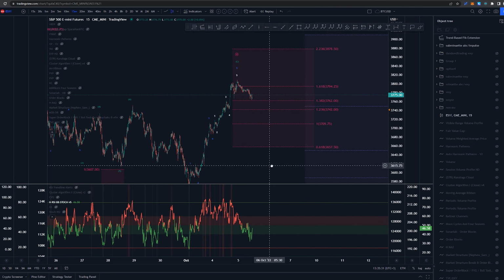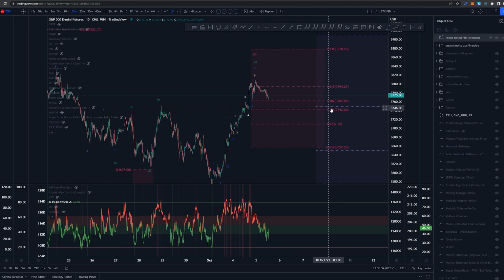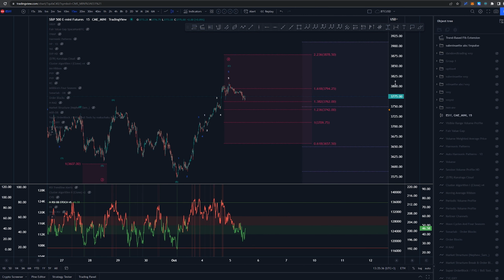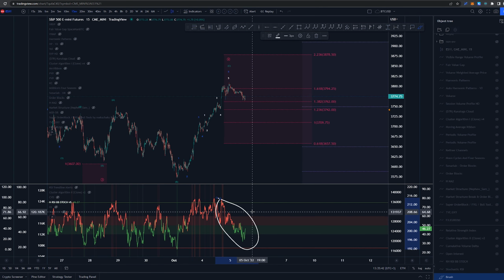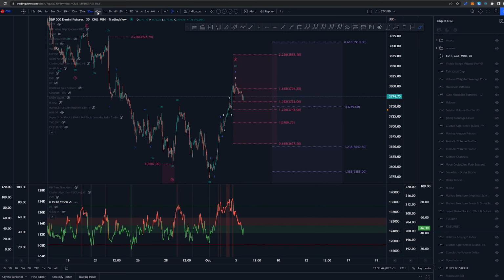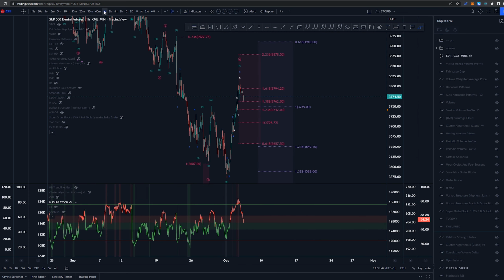Not major moves here during the late night hours or early morning hours today, and RSI has already reset itself, at least on 15 minutes and on 30 minutes, probably around 1 hour as well.